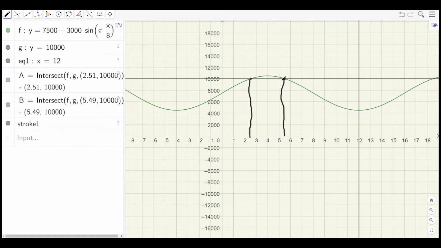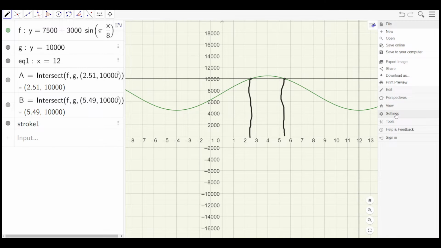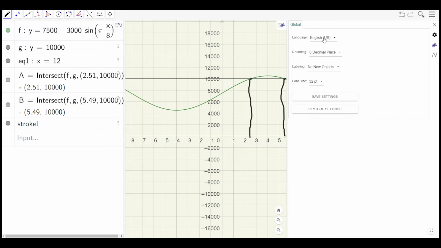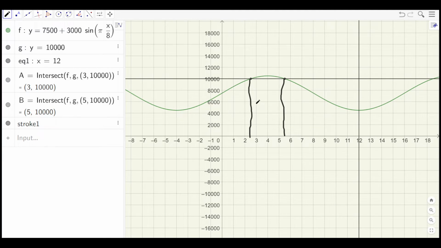Anyway, this is where it is happening. It is between 2.51 and 5.49, and let me change the setting to whole numbers. It's better. Okay, between 3 weeks and 5 weeks. So this is much easier to solve using a graphical tool.